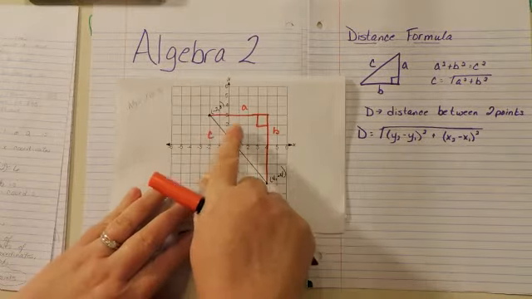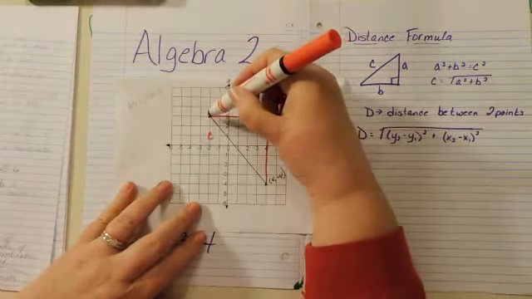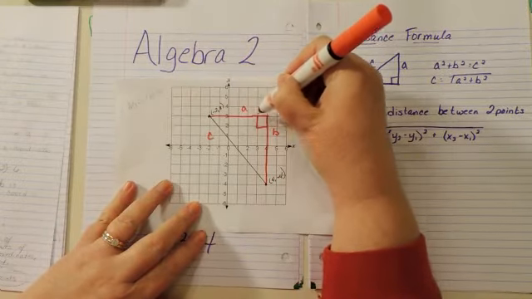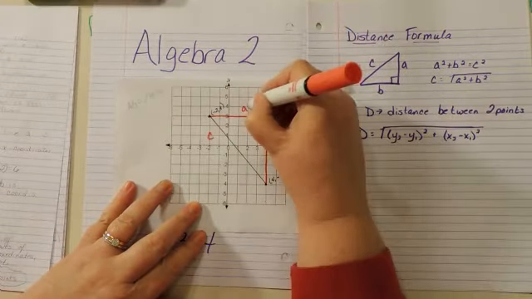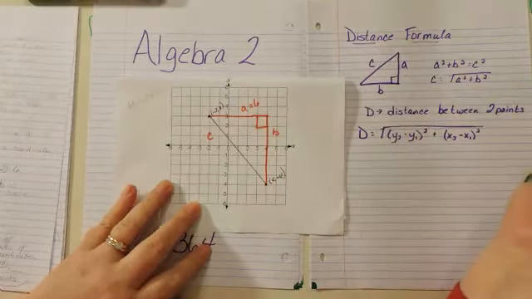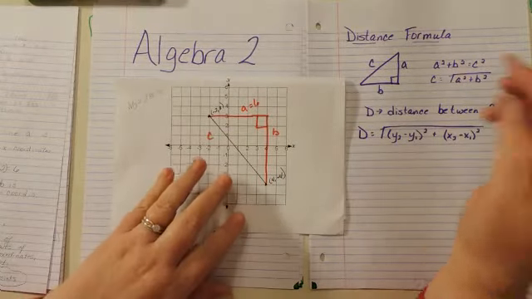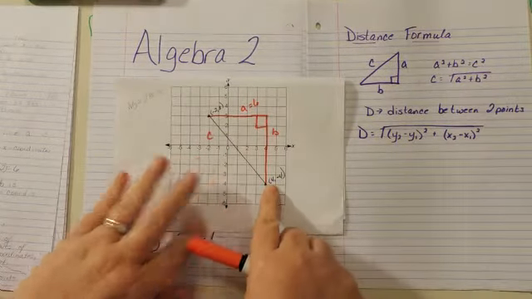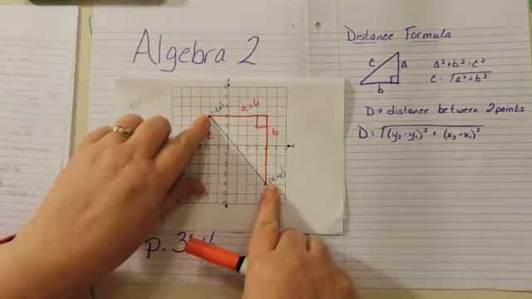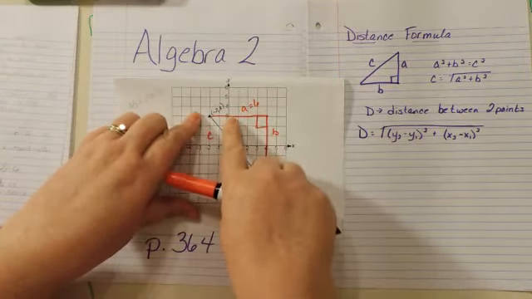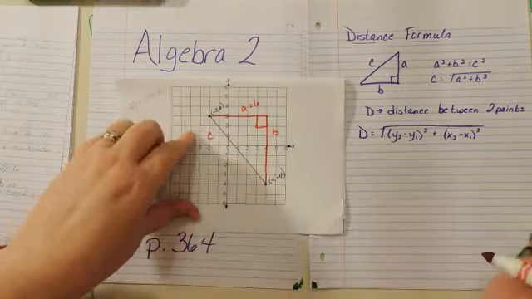Now the length of this side is 1, 2, 3, 4, 5, 6. So this is 6 spaces. We also could have done that by saying 4 minus -2. So it's 4 places to here and 2 more places to here. That's 6.